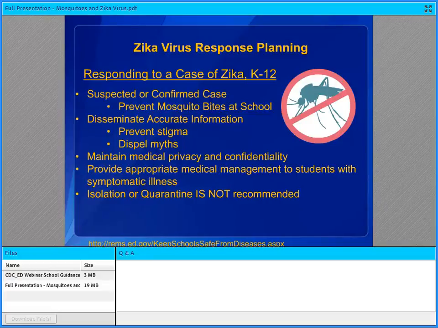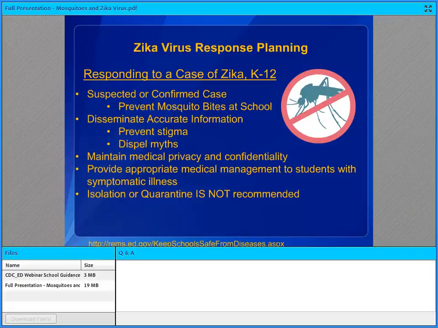All right, so if you have a case of a child coming to your school and they have Zika, the most important thing to do is to prevent that child from getting bit by a mosquito. Make sure that they are taking the steps as mentioned in the previous slide so they can't infect another Aedes mosquito.